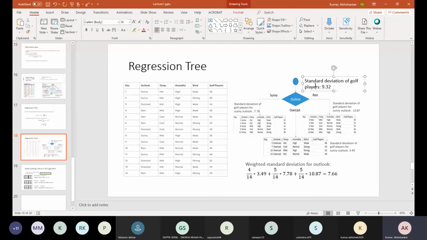So at every node we have to calculate the information present, or the randomness present, in every node. That is nothing but the impurity.